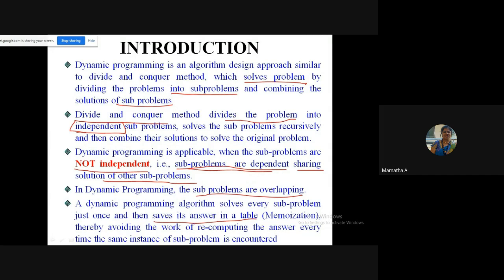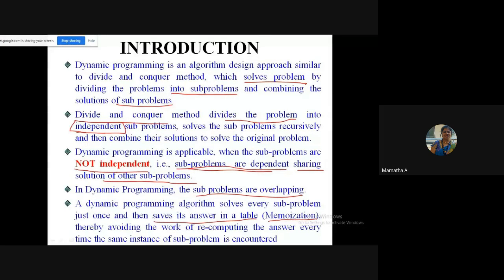So every time I solve a sub-problem, I will save it in a table. Why should I save? Because I don't know which sub-problem might need the solution of this solved sub-problem. So I will store it somewhere so that it can be reused by other sub-problems. That technique of saving the answer in a table is called memoization.